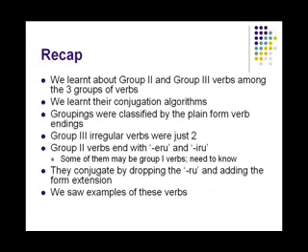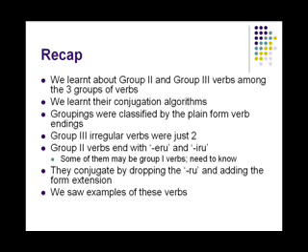Now let's have a recap of what we learned in this lesson. We learned about group 2 and group 3 verbs among the 3 groups of verbs. We learned that the conjugation algorithm and groupings are classified by the plain form verb ending. Group 3 verbs are irregular verbs and there were just 2 of them. Group 2 verbs ended with eru or iru.